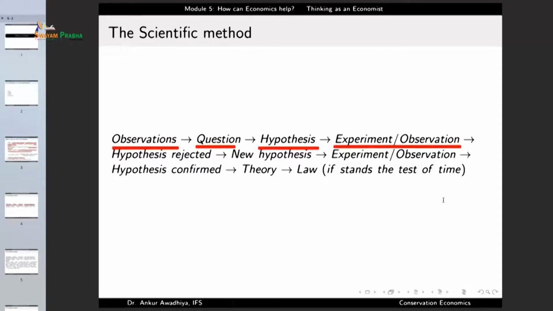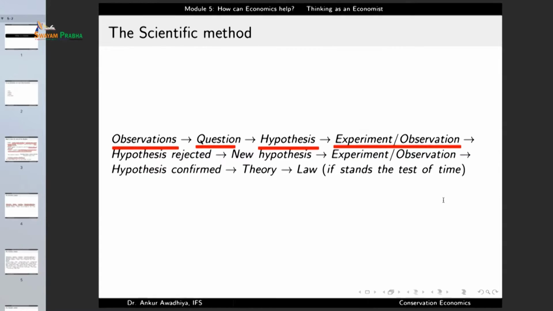So in that case, the scientist or the economist might try to figure out if these natural variations in the prices have got something to do with the quantity of food grains that these different sellers provide to the market. So we can explore a hypothesis either through experiments or through observations.